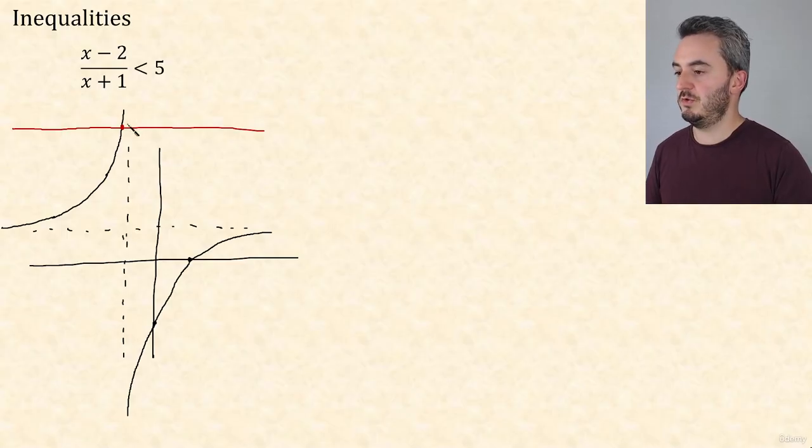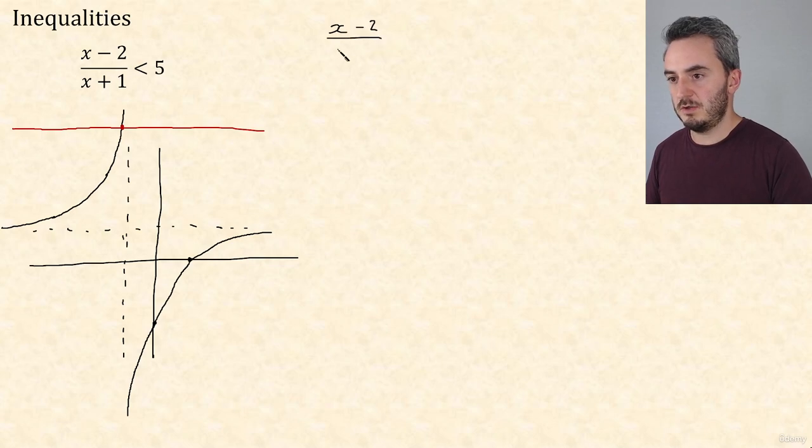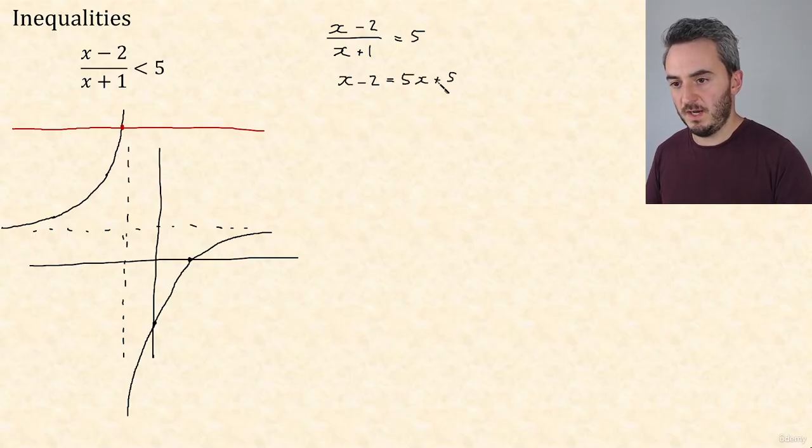So the proper solution we can see is that x could be less than this point. If we hadn't done that work before, we would say, well, where does the curve x minus 2 over x plus 1 actually equal 5? Well, it equals 5 when x minus 2 is equal to 5x plus 5.